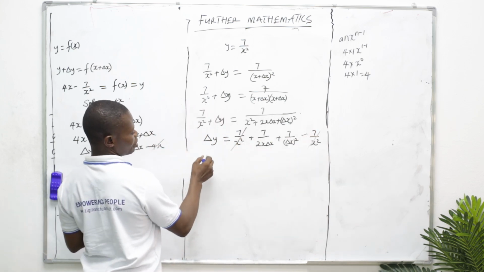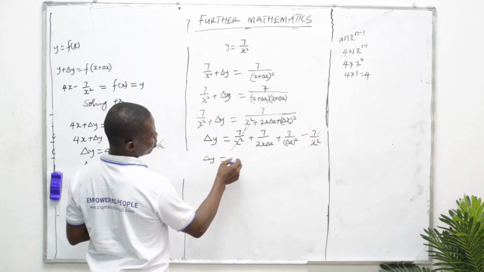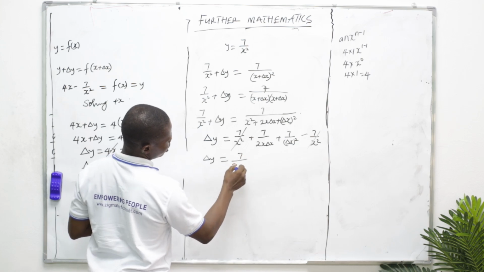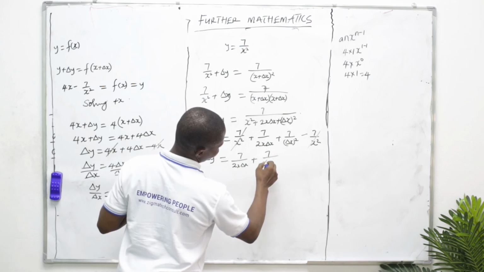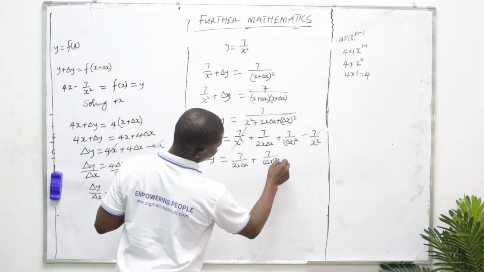Now what is remaining? Change in y equals 7 all over 2s change in s plus 7 all over (change in s) all squared.